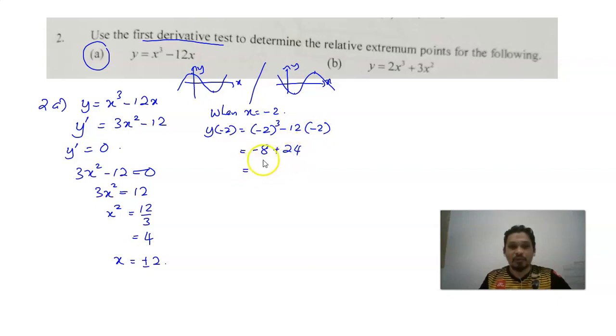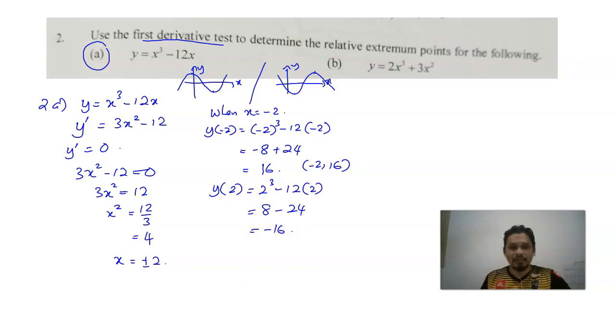So 24 minus 8, 16. So the coordinate is negative 2 and 16. And y when x equal to 2: 2 cubed minus 12 times 2, which is 8 minus 24, then we get negative 16.